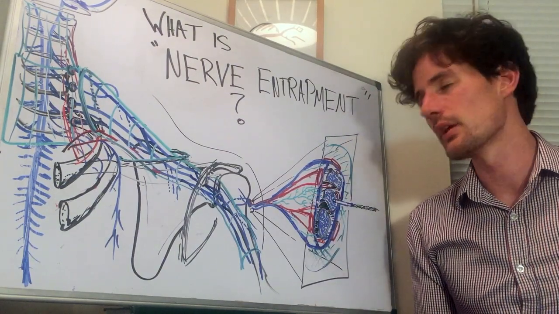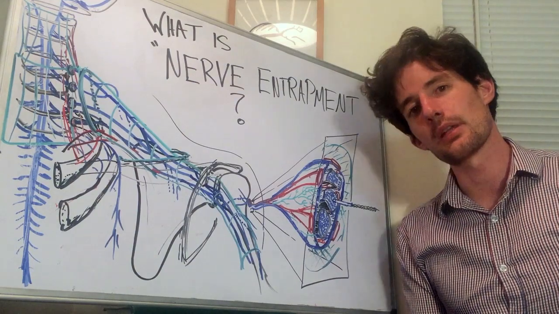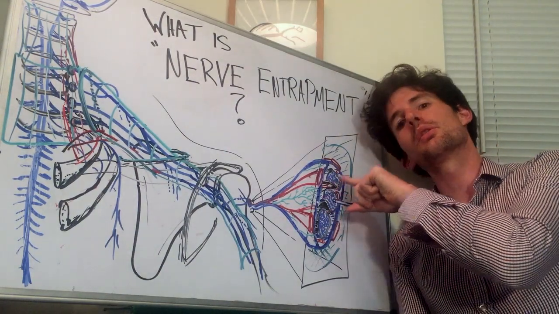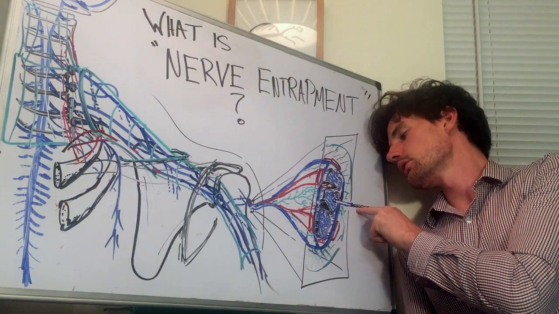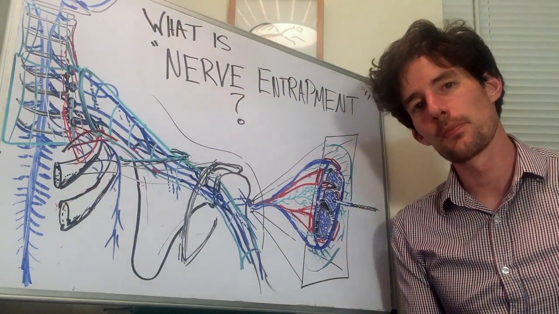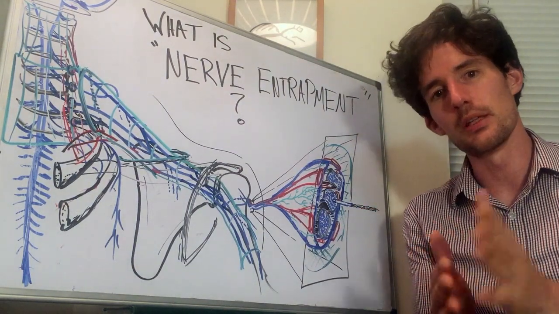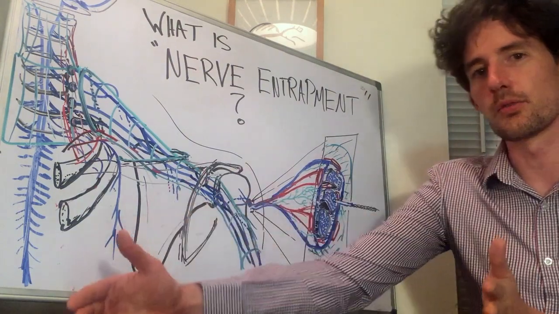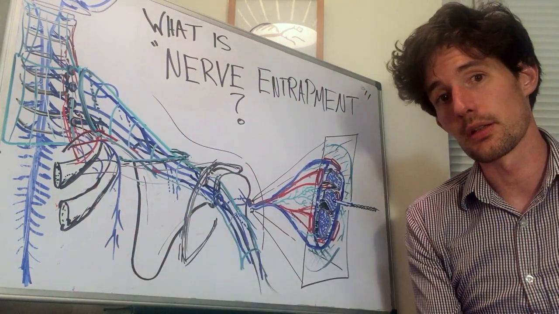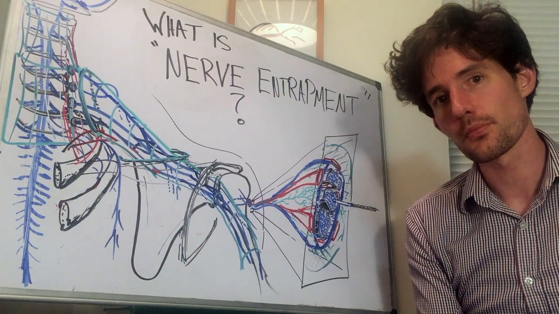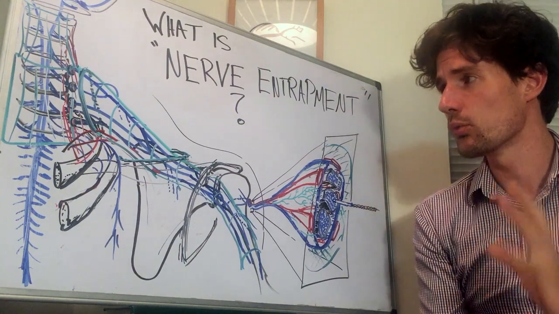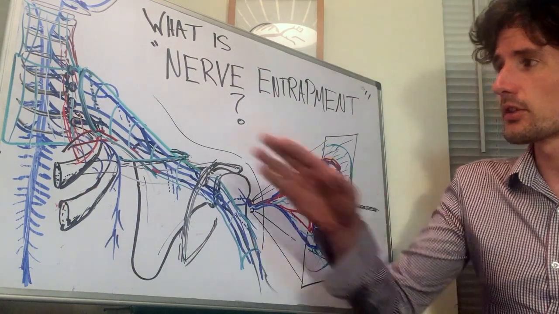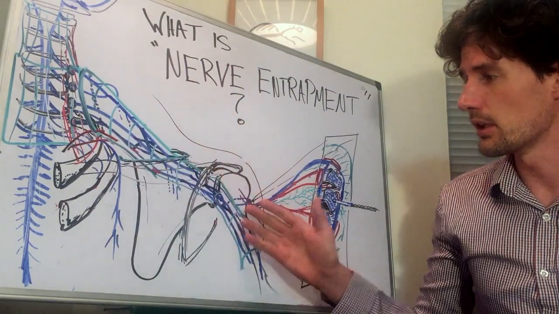In either case, you've got some kind of loss of integrity to the connective tissue layers of the nerve or to the actual conducting fibers. And it can be very mild, easily healed. It can be quite severe and be pretty challenging to heal. That's nerve injury.